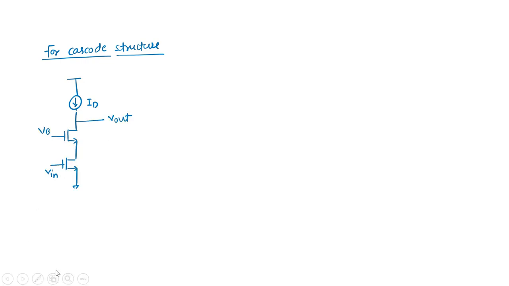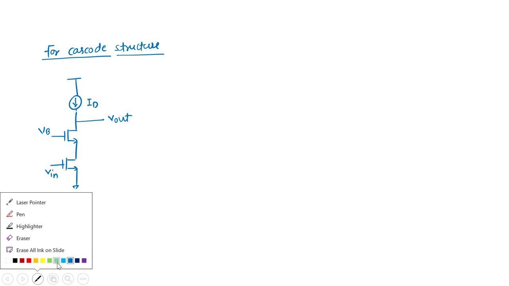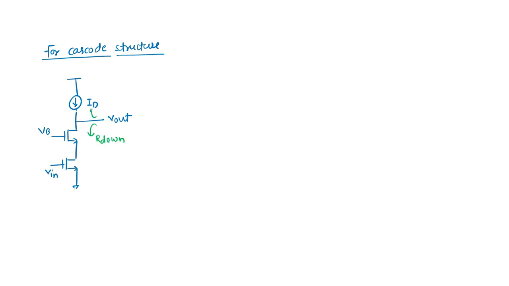Okay. So for cascode structure, you can directly remember: if this is the ideal source and this is the cascode structure, R out can be found in two ways. This is the R down, this is the R up. As the current source is ideal, I can consider R up to be infinite, and for R down, the device closer to the output, which is the cascode device, is considered for both GM and RDS terms.